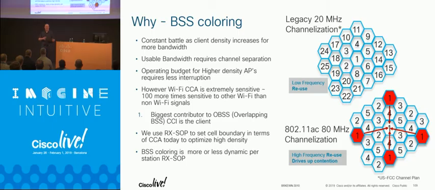And I do hear other stations that are on other cells. What BSSID coloring adds is a value in the header that gives me a color for my cell. Now I can do some special things, because we already know that if you are on a different BSSID, we might interfere with each other, but we don't have to listen down to minus 82. We're all operating at above minus 60. Why do I have to count every packet you send as an impact to me?